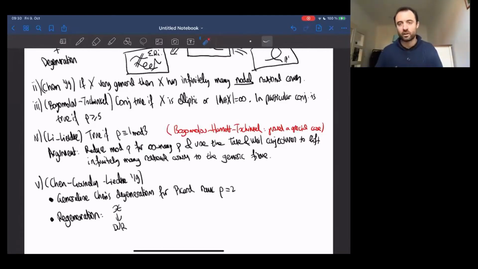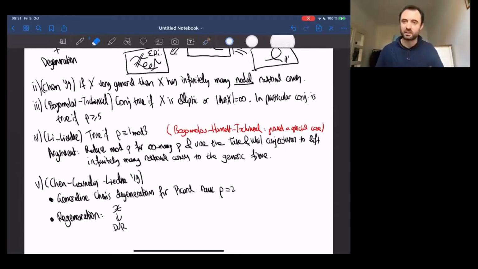This is a long and beautiful story and has to do with the twistor line. But basically, if I give you a curve in the special fiber whose class lifts to the generic fiber, then we're good.